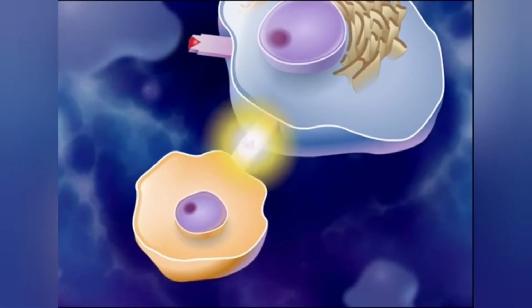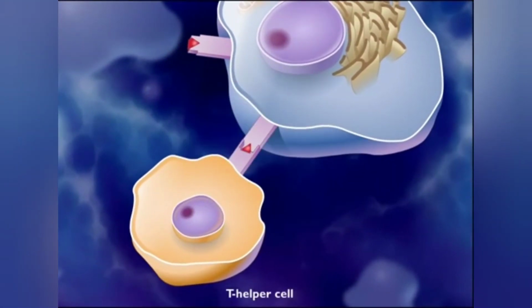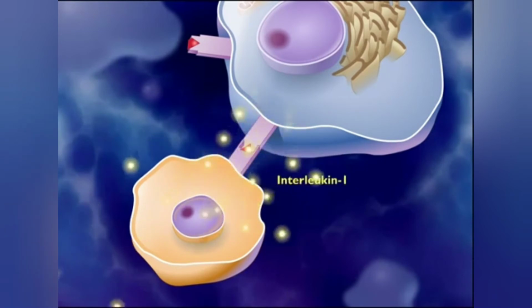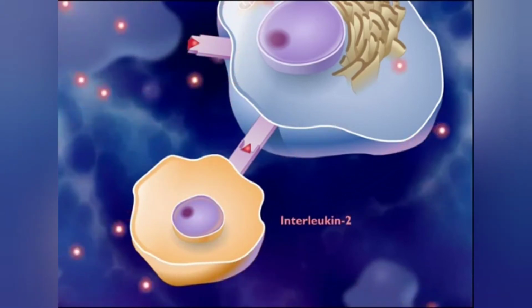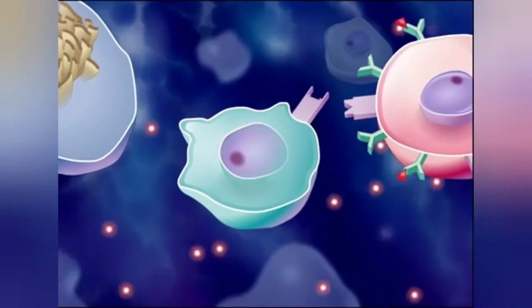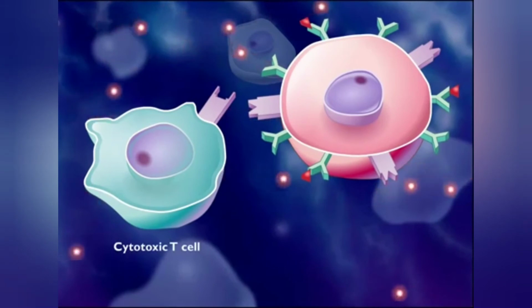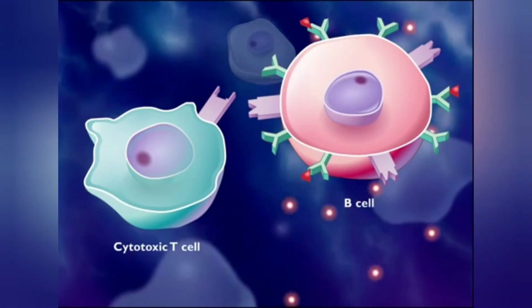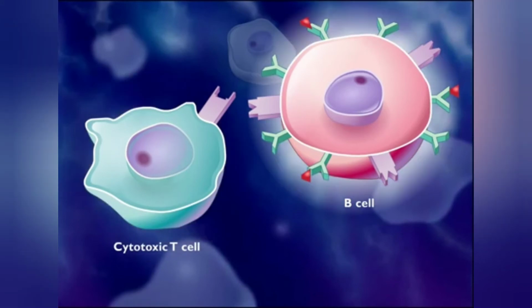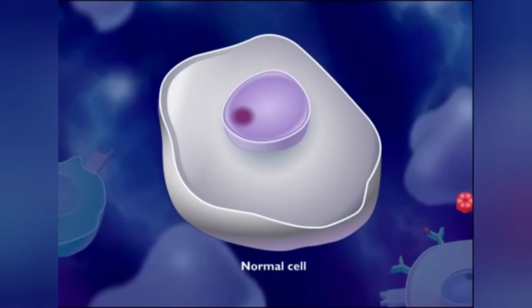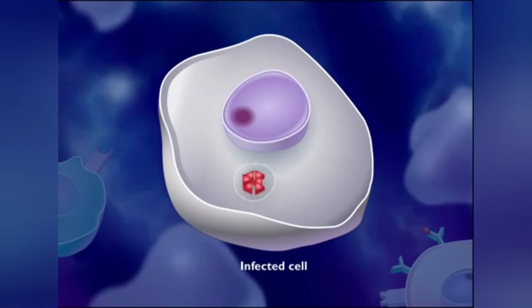Here is the antigen presenting cells. T helper cell will identify them. There will be some chemical release from these cells which will ultimately go and stimulate the B lymphocytes. These B lymphocytes start producing antibodies while the cytotoxic T cells engulf them.